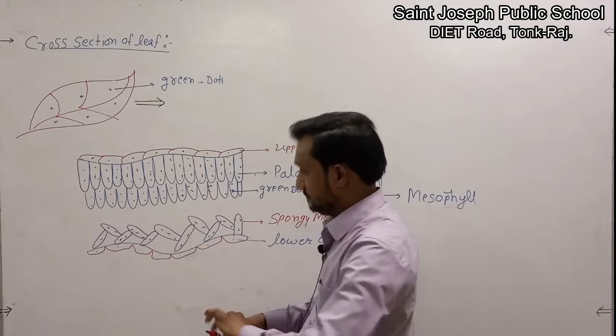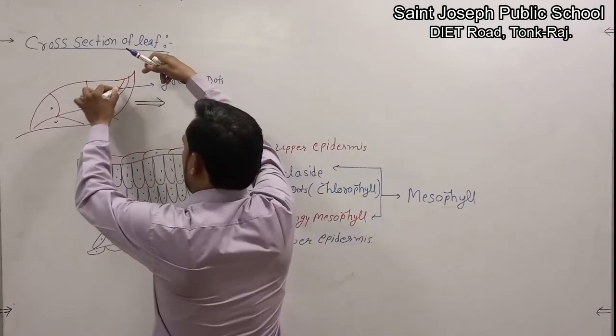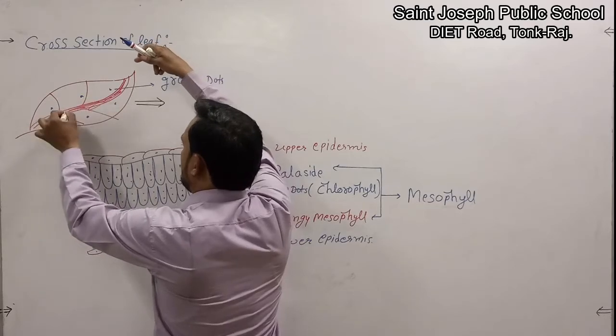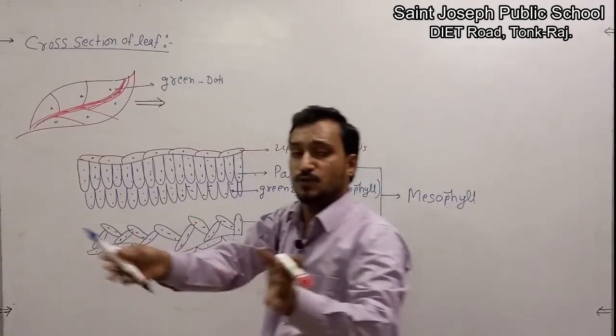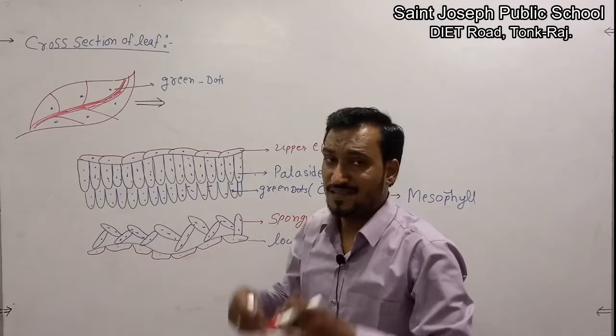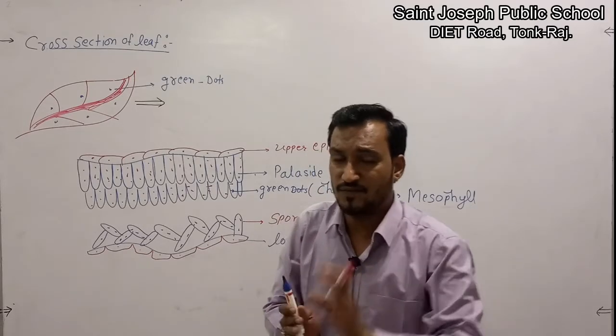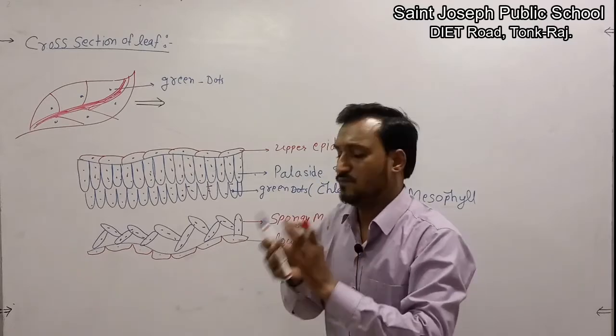There is a central vein. Look at this structure. This is the central vein of a leaf. It is also known as midrib. Midrib is a tube-like structure which only contains xylem and phloem.